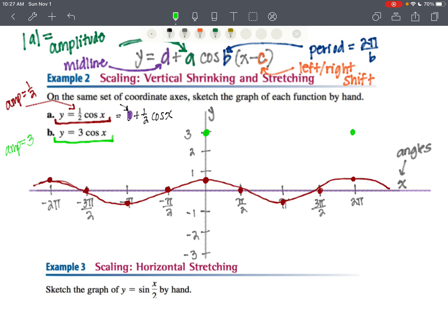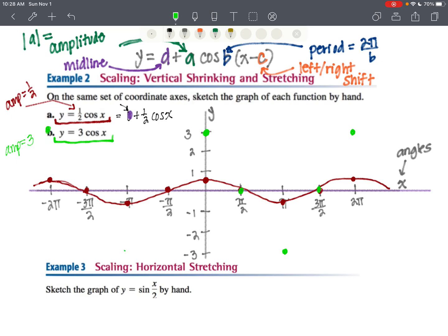So we start at the max, 2 pi later, we end at the max. Halfway between, we're at the minimum. So we have an amplitude, which is a distance from the midline to the max of 3, or the midline to the min, which is also 3. Halfway between the max and the min, we're at the midline. So the two graphs are going to share those points. Let's go to the left. Start at the max, negative 2 pi later, end at the max.